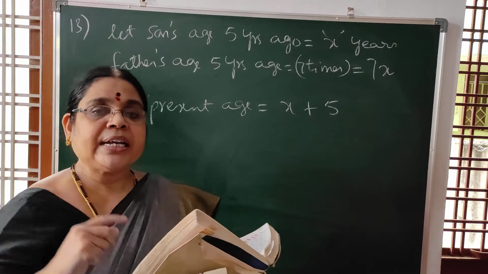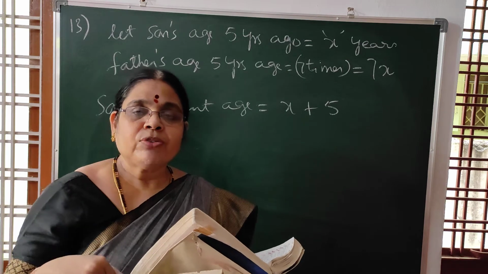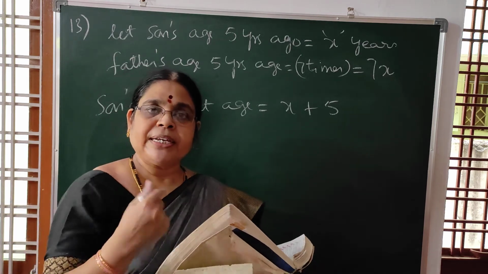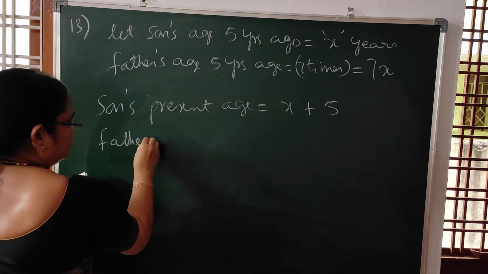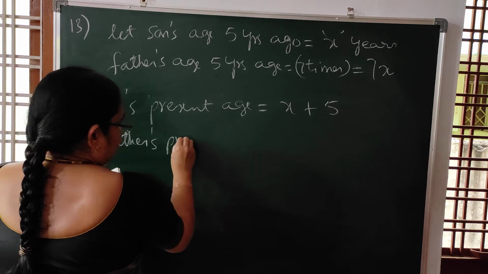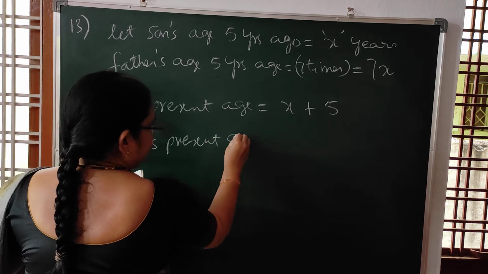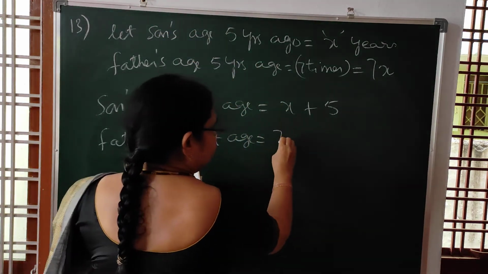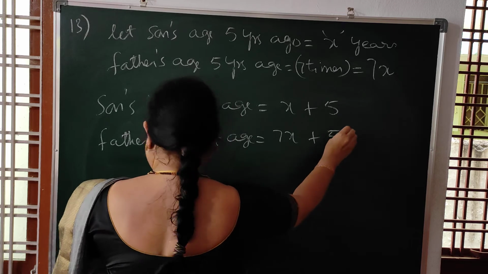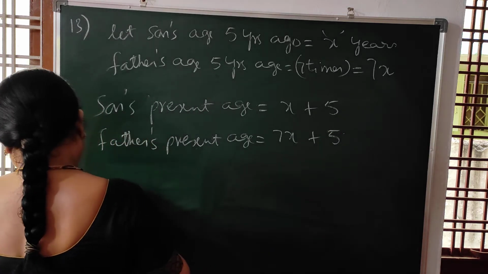For example, 5 years back you were 10 years. Now what will be your age? 10 plus 5 becomes 15. Like that only, father's present age. Father's present age is equal to what? 5 years back he was 7x years. Now he will be 7x plus 5 years.